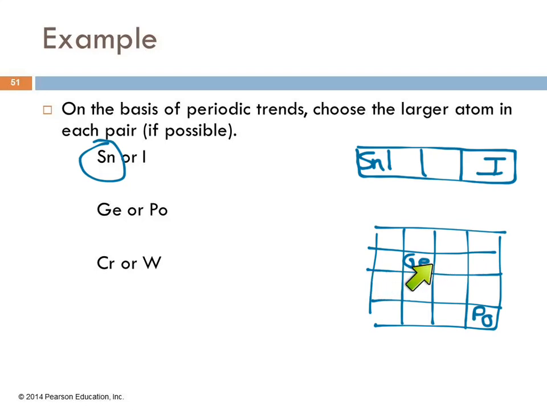The change in effective nuclear charge or the higher quantum number? Higher quantum number, those orbitals are getting bigger. That's more significant than the change in atomic radius due to the effective nuclear charge. So I would also accept that polonium is the larger.